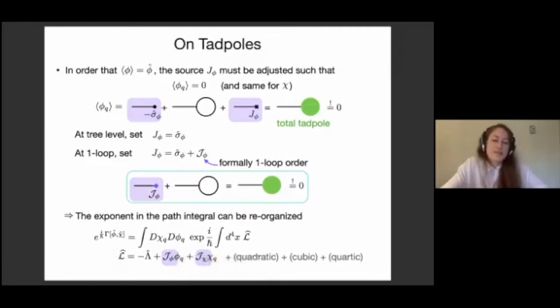Okay, so this is convenient, and once I do this, I can rewrite the exponent in the path integral. I'm just going to solve for curly j in the path integral, and what I get is that the entire linear term in phi quantum and chi quantum in the exponent is just given by the curly j, because the other linear term canceled off.